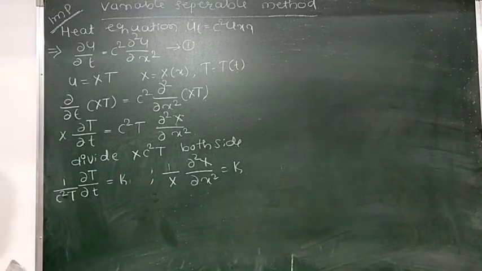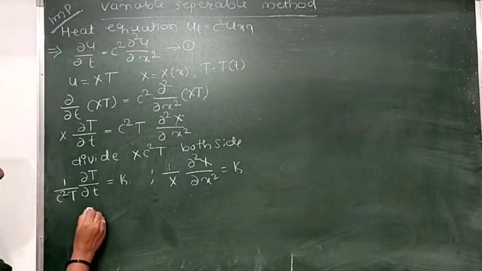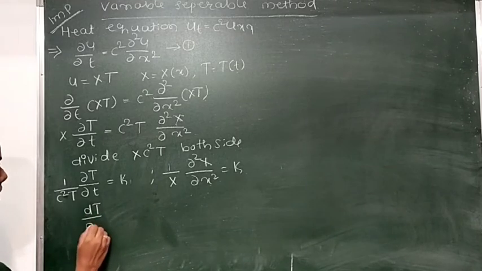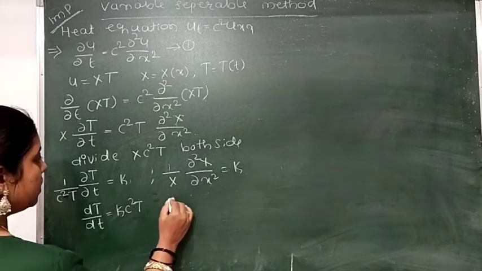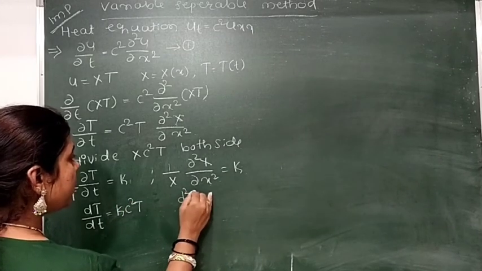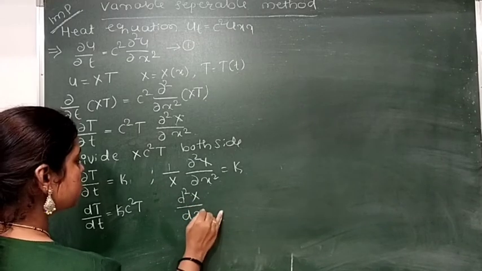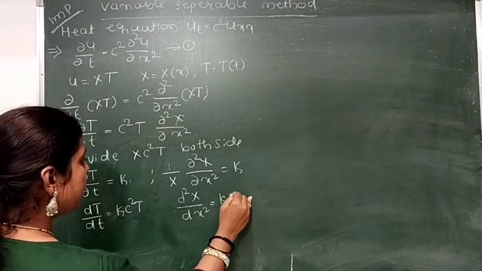After getting this, we have to take it in the form of ordinary differential equations: dT/dt = k c² T and d²X/dx² = kX.